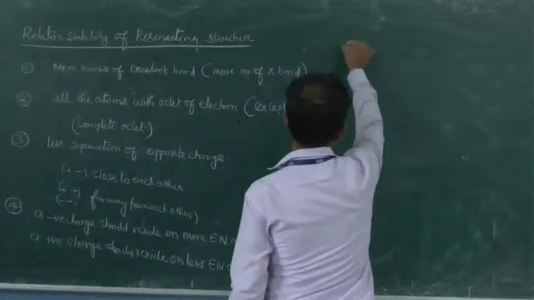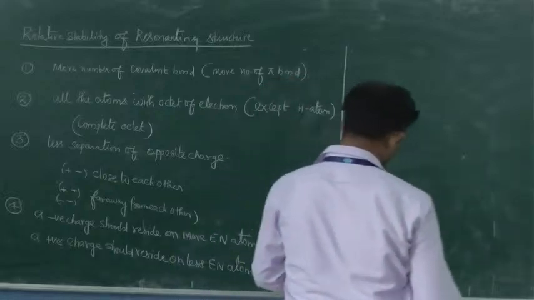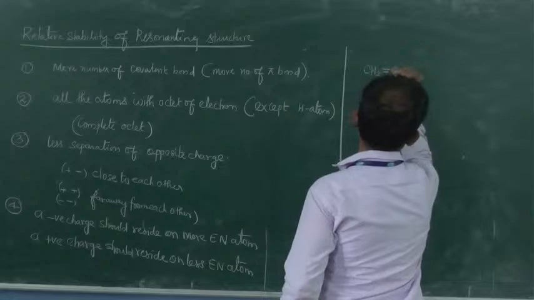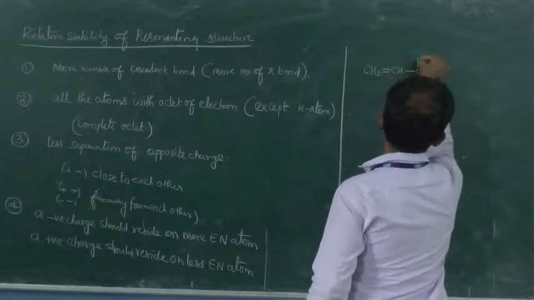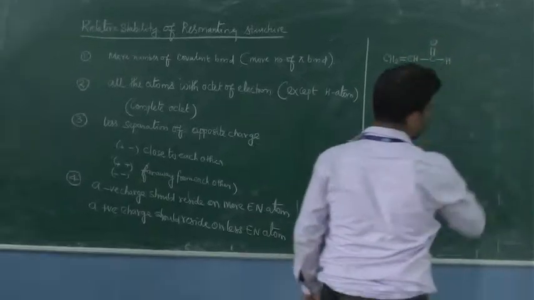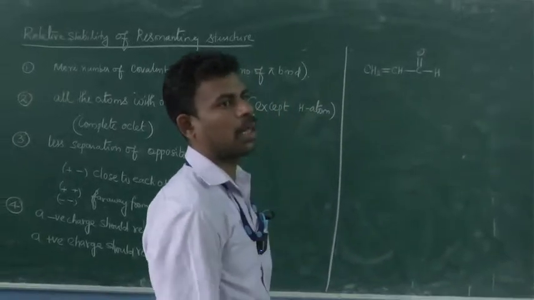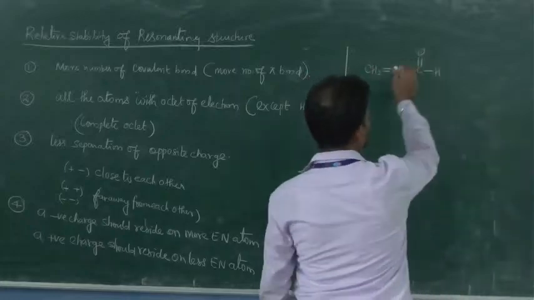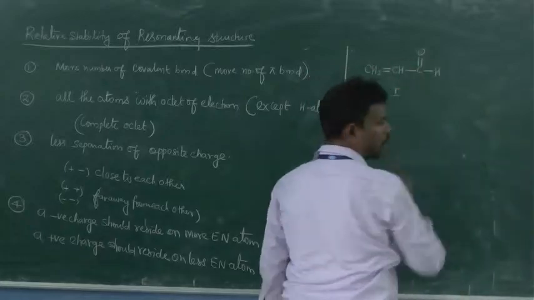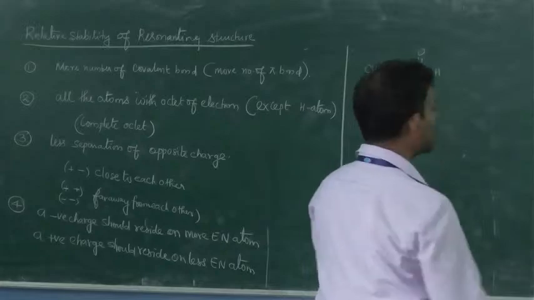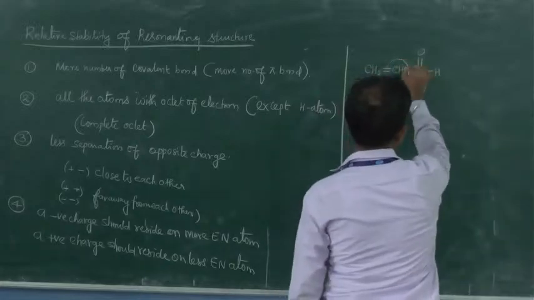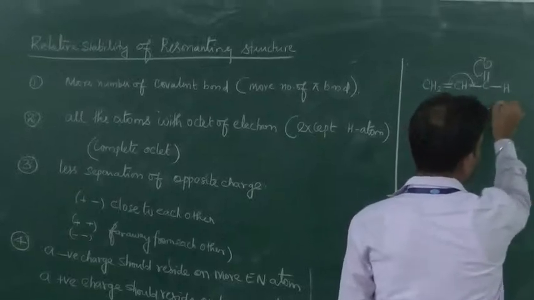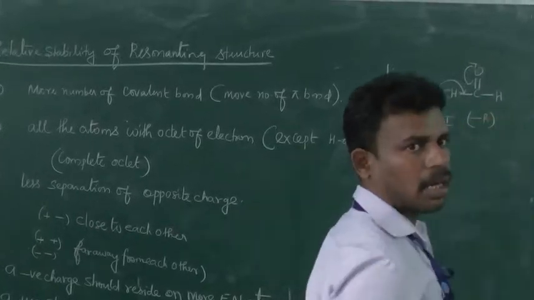Let's go with these examples. For example, you take the CH2=CH-CH=O molecule. Is it clear? This is the resonating structure. You can draw the resonating structure with the pi bond. This is resonating structure number 1. Next, we have to shift the pi electrons towards another pi bond, because in a minus R group the electrons go toward the group.